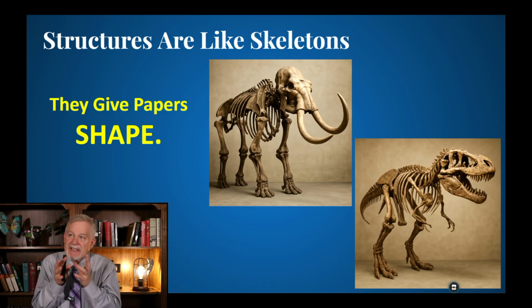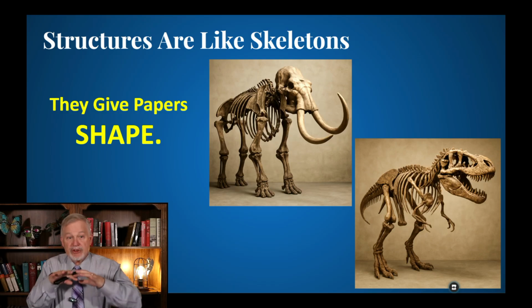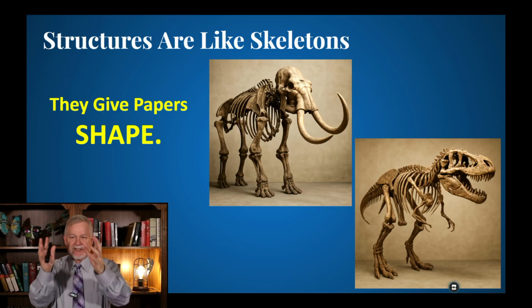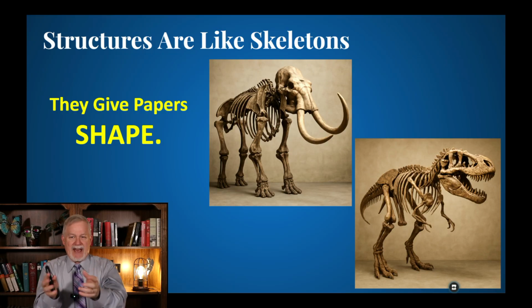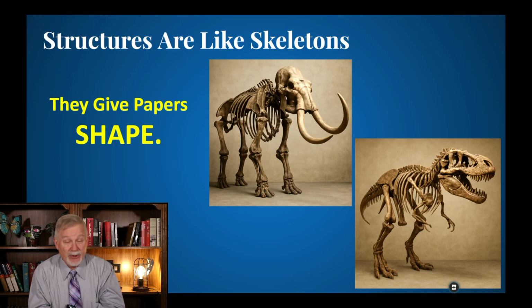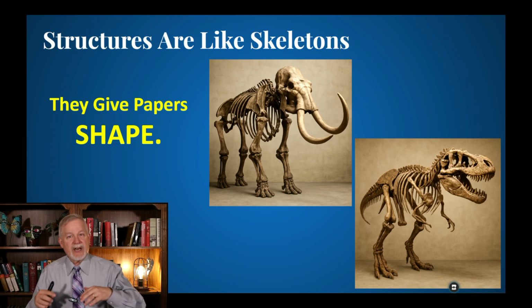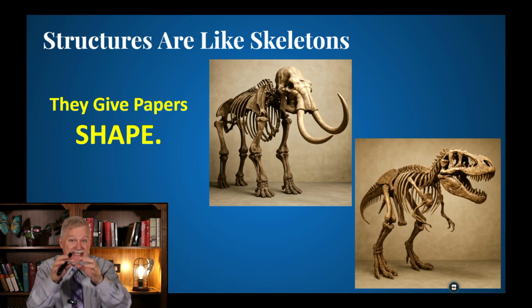The skeleton gives your paper shape. If I am a reader and I can look at the skeleton, I can tell what kind of animal this is. I can tell what kind of paper this is, and it helps me get in line with what you, the writer, are trying to do. So we want to make sure that we understand the shape, the skeleton, the outline of our paper.